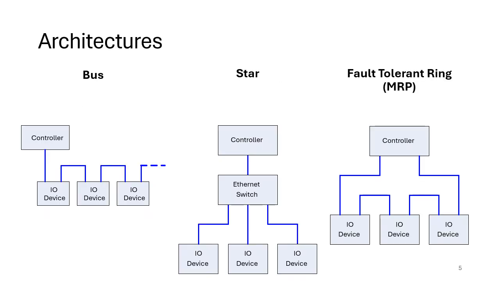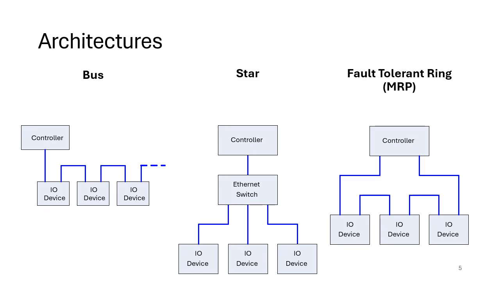So these are the standard architectures. And these are not exclusive, you can mix and match, so you can have a combination of bus and star. It's also possible with the MRP network as well to combine multiple different types of device. But if we stick with the basics, the commonest architecture is a bus. And what we have here is a controller that is connected to the first I/O device.